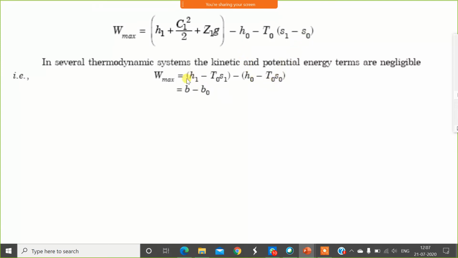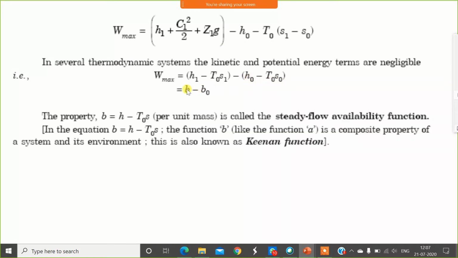Why are we writing in this form? Because H1 minus T0 S1 is B and H0 minus T0 S0 is B0. The property B equal to H minus T0S is called the steady flow availability function.